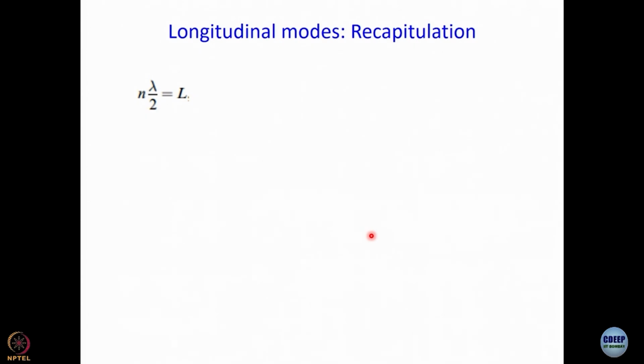We said that to set up a standing wave, the essential condition is that the cavity length L must be an integral multiple of half wavelength, n lambda by 2 equal to L. So, there can be many such modes in the laser.